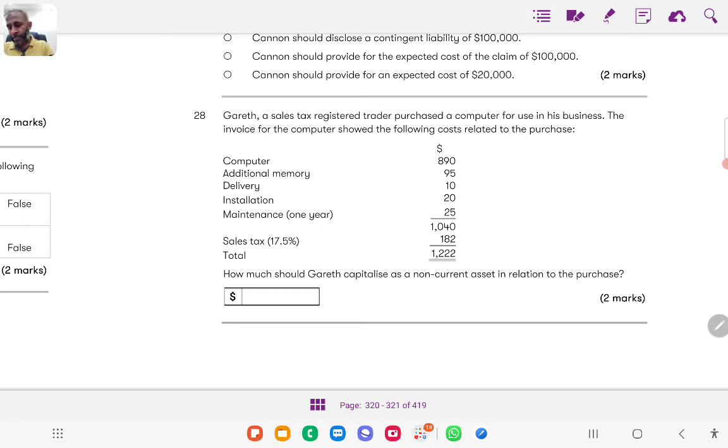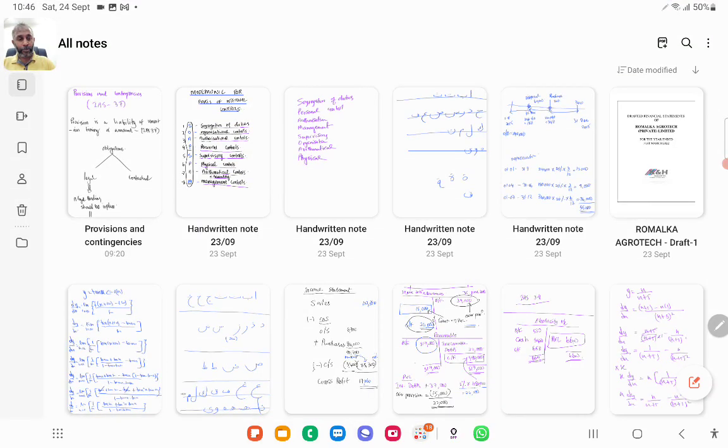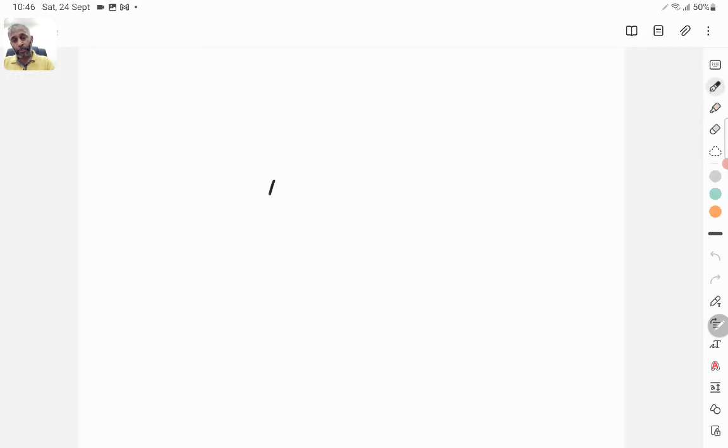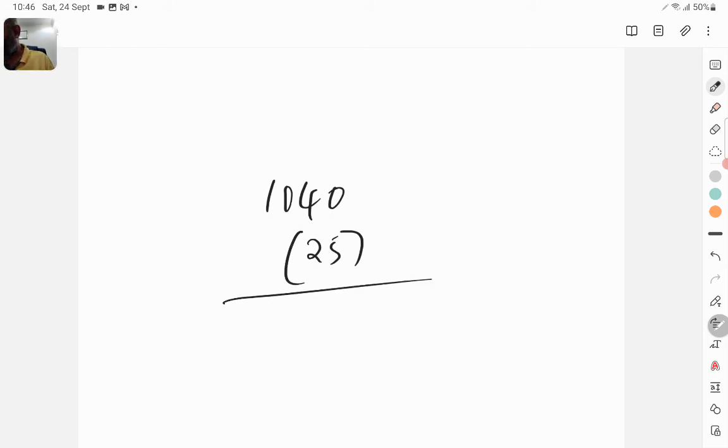So the correct answer will be 1040 minus 25, so it is 1015.